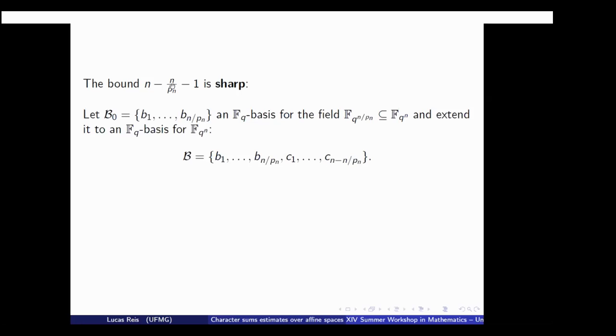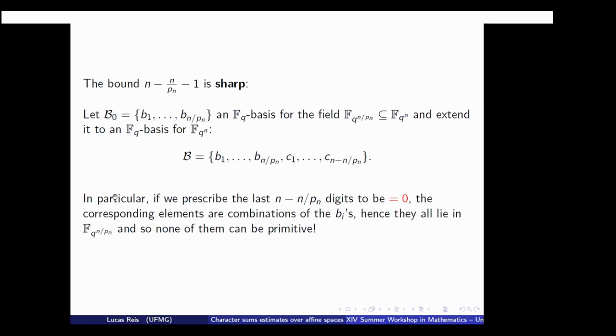Here I'm trying to prove that I cannot prescribe n minus n over p_n digits. So I prescribe the digits corresponding to C_1 to C_(n minus n over p_n) to be 0. So the affine space I'm considering is just linear combinations of the B's.